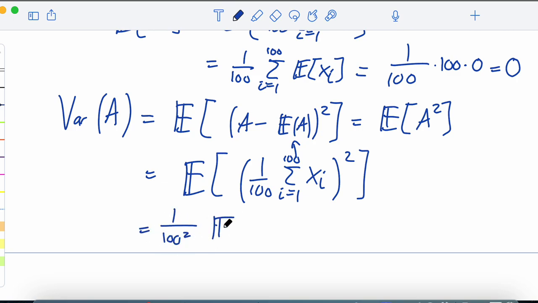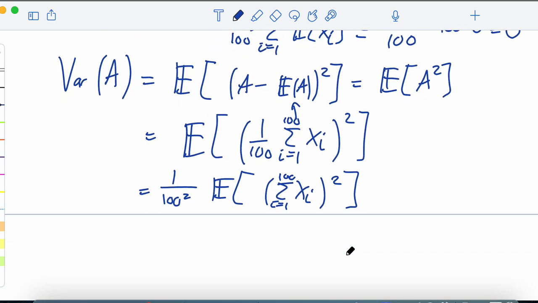And then we do the expected value of the sum from i equals 1 to 100 of xi all squared. And now you should be saying, we did this one in class a while ago, right? If you have a bunch of random variables squared and you do their expected value, the Pythagoras theorem for random variables, as long as they're uncorrelated, which they are here because we said they were independent, they have nothing to do with each other. This is Pythagoras for the 4th time in the course.